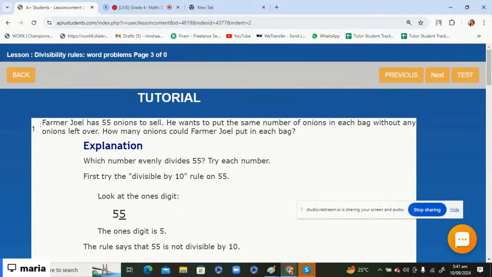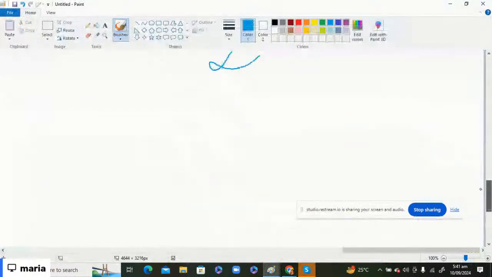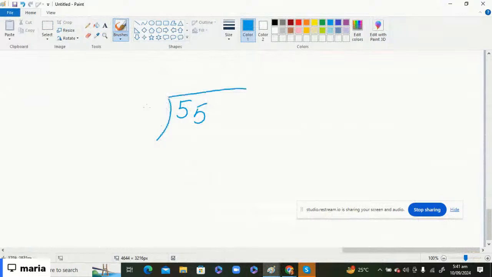So how can we solve this question? It's 55 over the 5. Let's divide it and then check. 5 times 11 is 55.